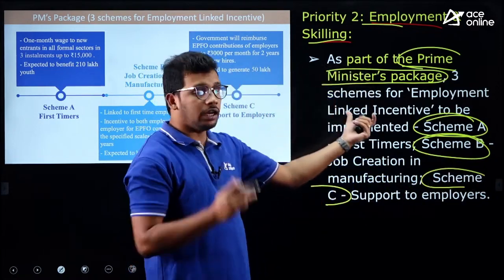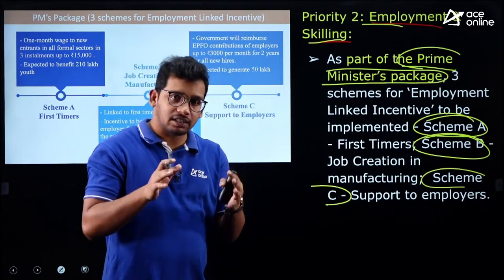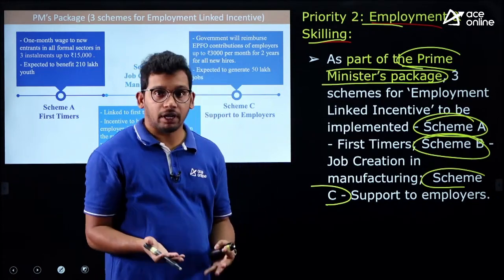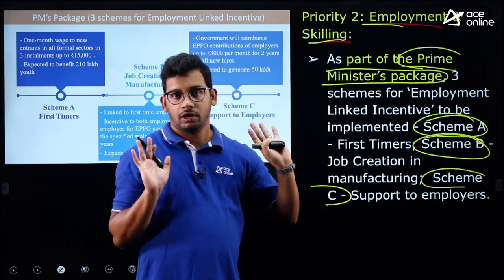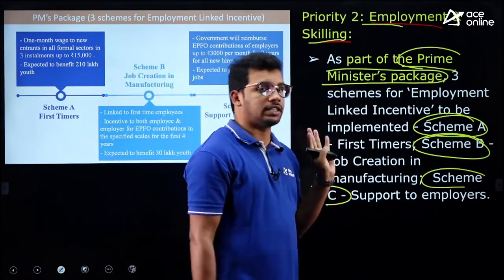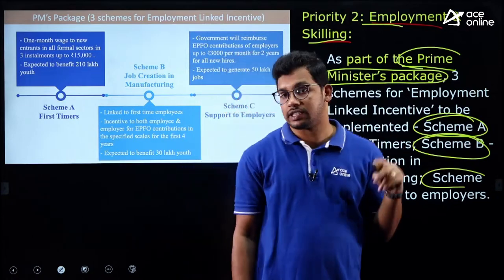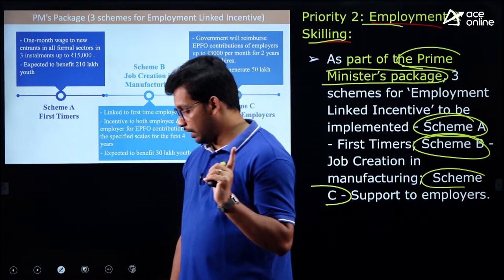I am repeating again. Government wants to encourage employment first. They want to encourage creation of a lot of employment. For that purpose they have launched the Prime Minister's package, and under that there are 3 sub schemes, scheme A, scheme B and scheme C, right? So these are the 3 schemes where government wants to promote the creation of employment, right?